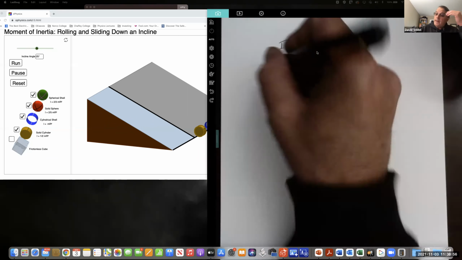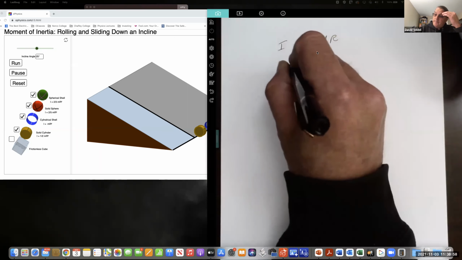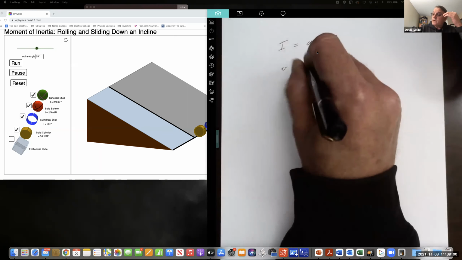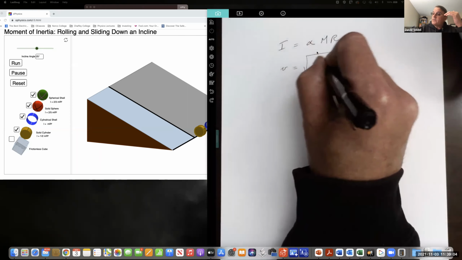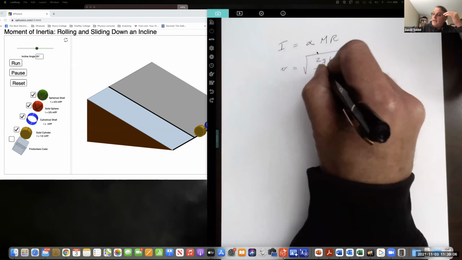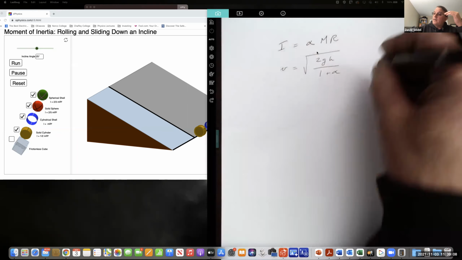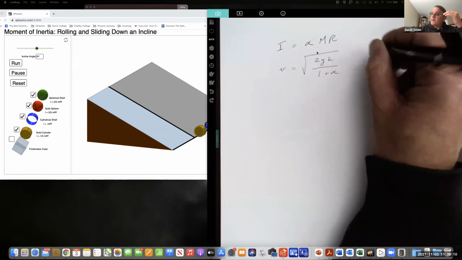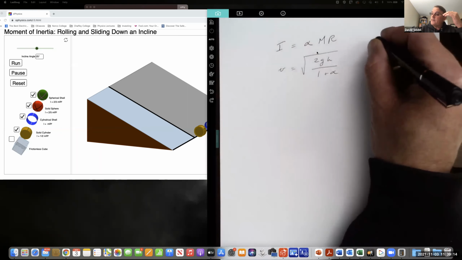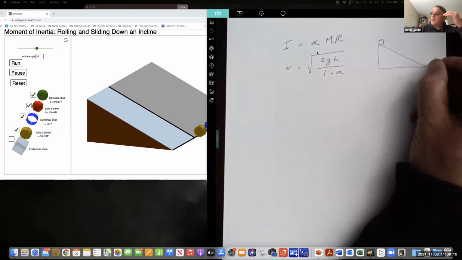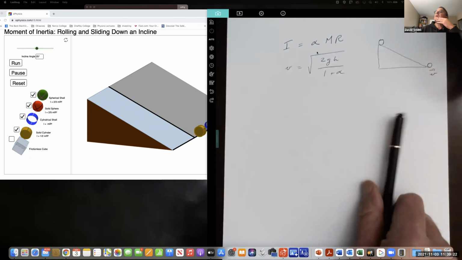And I wrote that, for instance, its velocity was equal to the square root of 2gh over I plus alpha for an object rolling down an inclined plane. Here's its initial potential energy, and here's its velocity at the bottom.